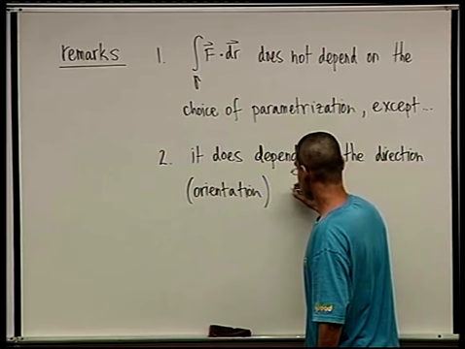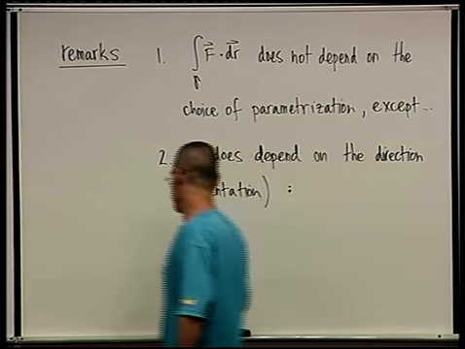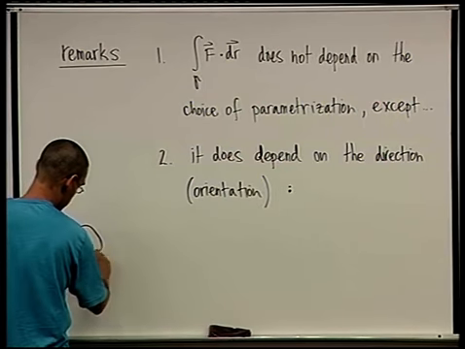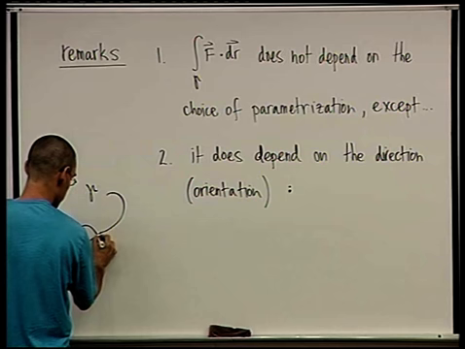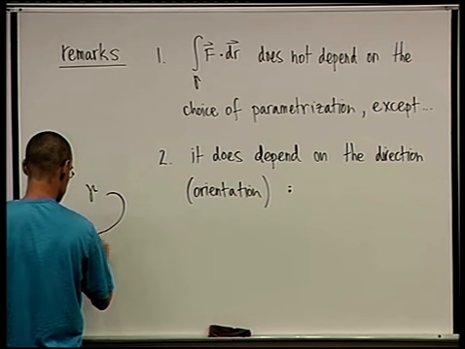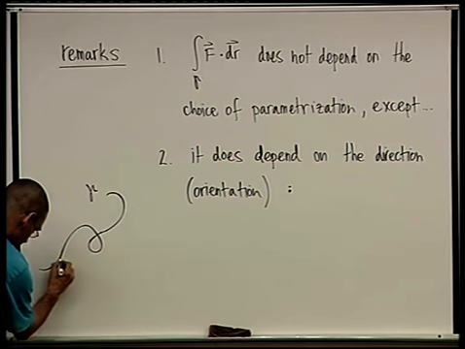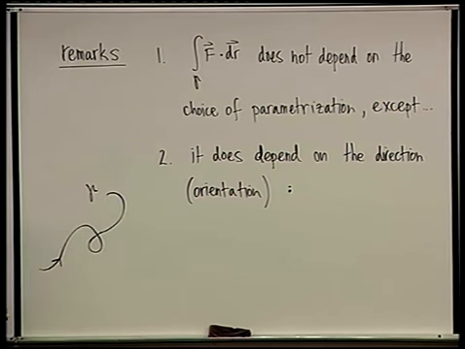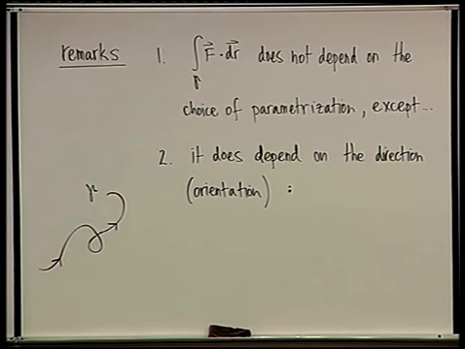So, suppose this is gamma, this is a curve gamma, some curve. Gamma has an orientation. We're going in this direction. We're thinking of it as having an orientation.